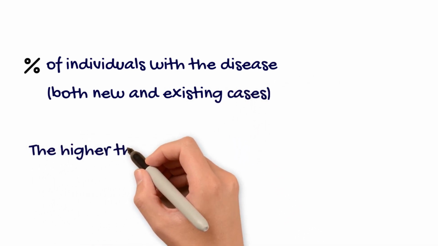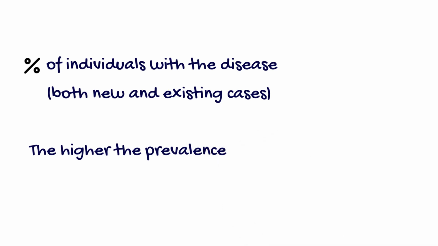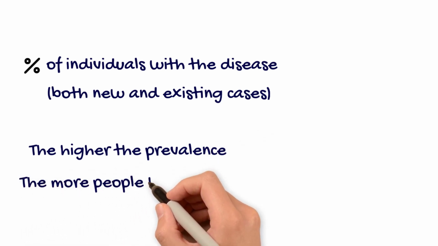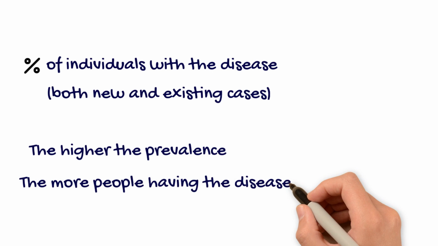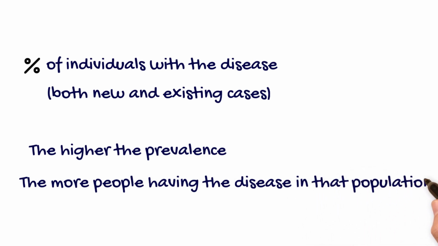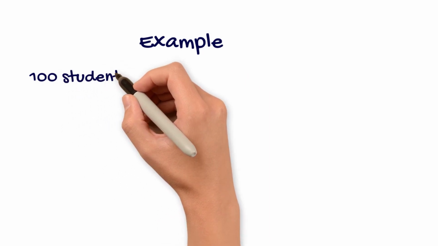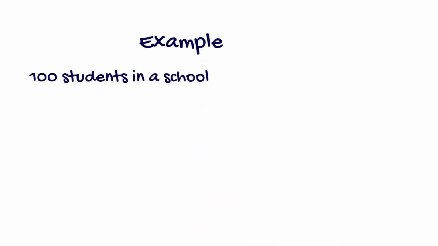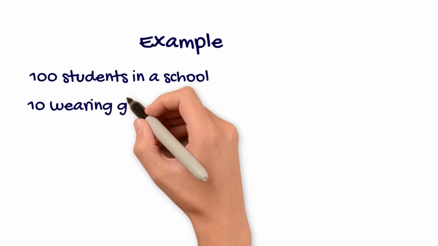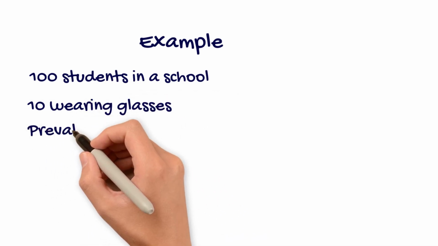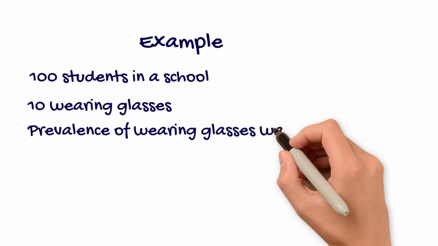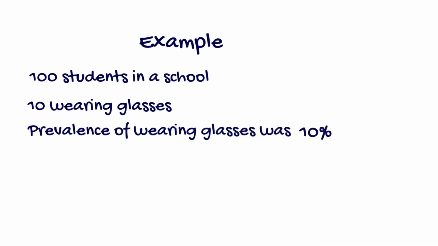So, if a disease has a high prevalence, it means a lot of people in that population have it. Imagine you had a group of 100 students in a school. If 10 of them wear glasses, then the prevalence of wearing glasses in the school was 10%. So prevalence helps us understand how common a disease is among a group of people.